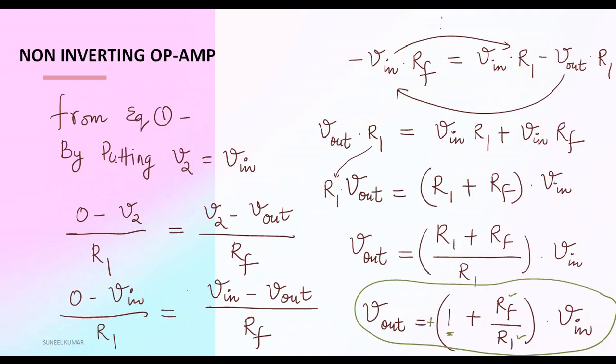We remember here we have a plus sign. The plus sign represents that there is no phase shift between input and output.